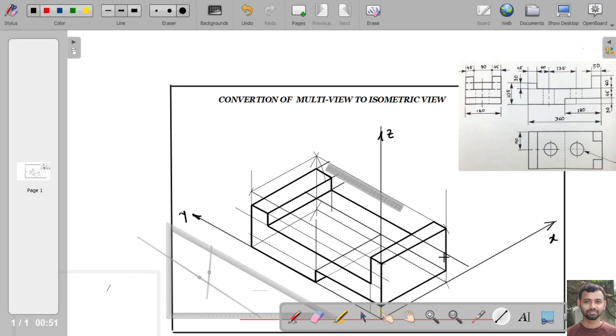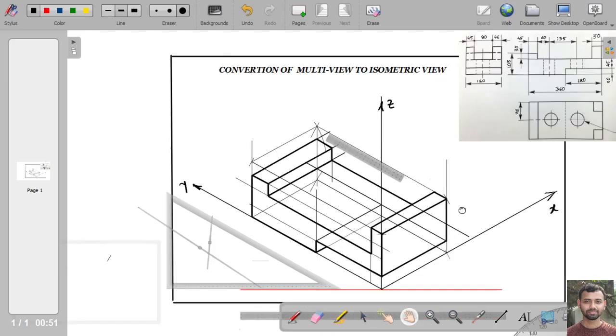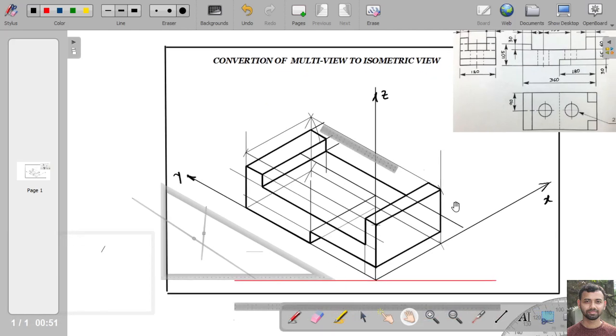Okay. So this is not the complete drawing, but 80% is completed. 80% of the drawing is completed.